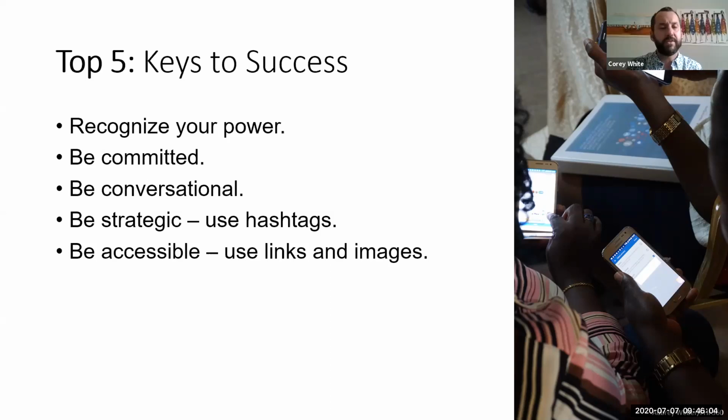And make sure your tweet is accessible. Always use links or an image. To me, that's the most important takeaway. If you want the consumer of your tweet to learn something, more times than not, that requires linking them onward to something.